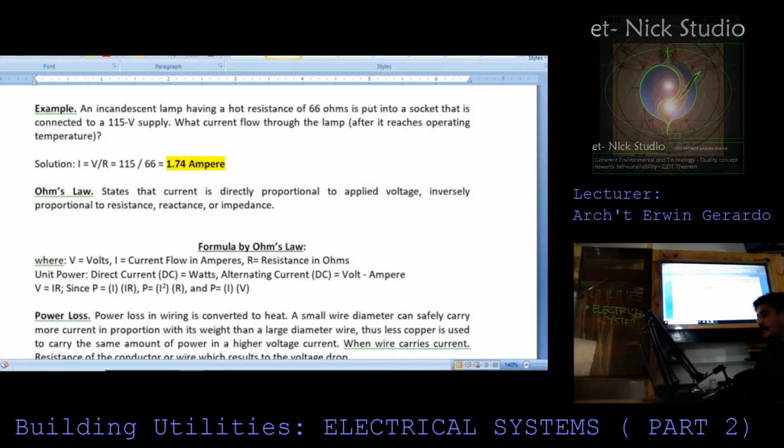Unit of power under direct current or DC is watts, and under alternating current or AC is volt-ampere.